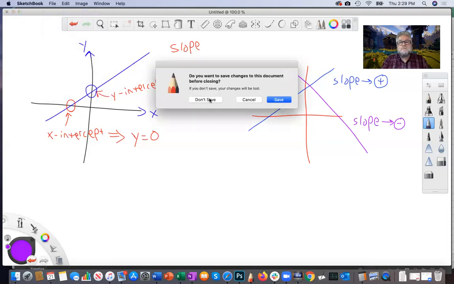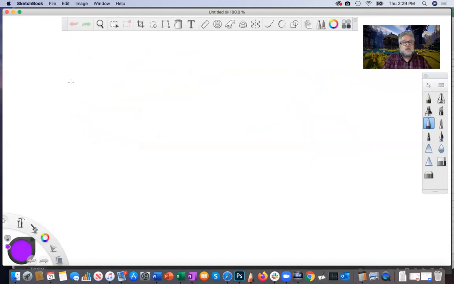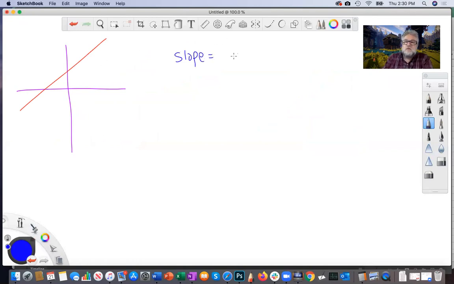Now, when we calculate slope, let me make another graph here. When we calculate the slope of a line, the slope is the amount it increases in the y divided by how much it moves in the x.